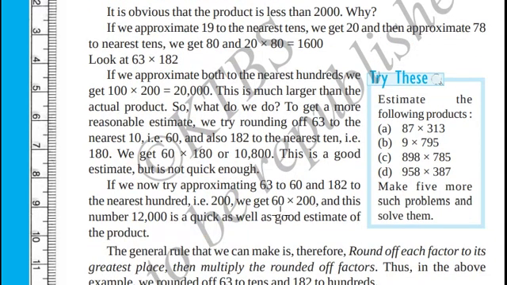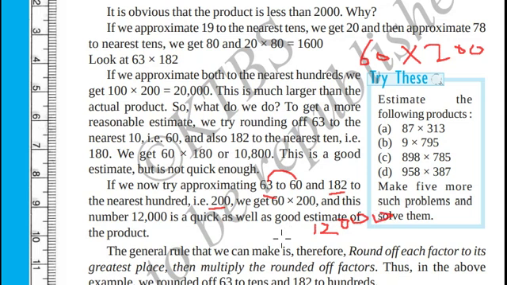Instead, what we will do is, we will approximate 63 to the nearest tens place, then we will approximate 182 to the nearest hundreds place. So 60 into 200, since 182 is nearer to 200, is equal to 12,000.